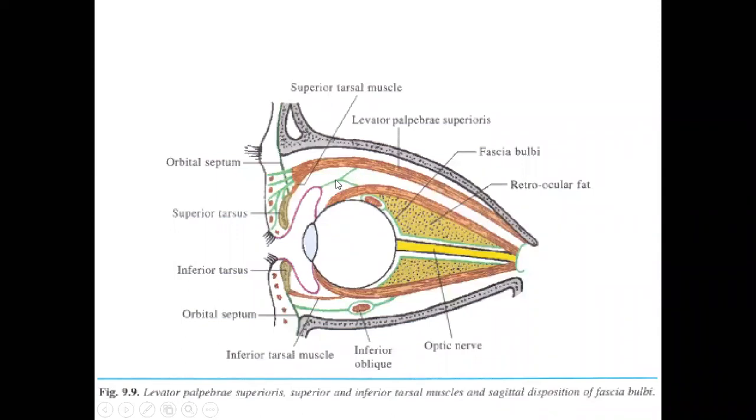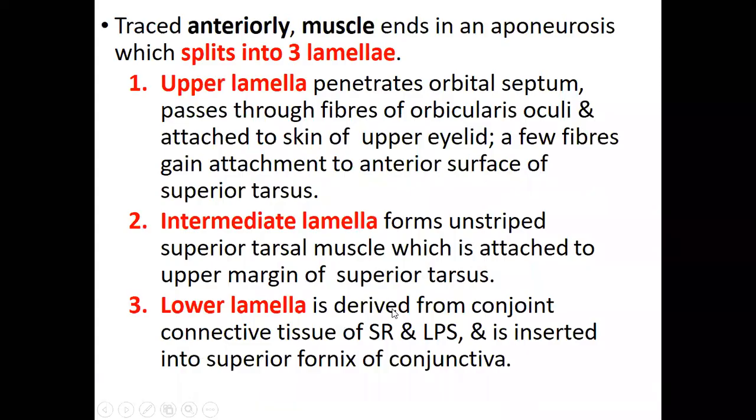And this part is the inferior lamella or lower lamella. It is derived from conjoined connective tissue of superior rectus and levator palpebrae superioris, and is inserted into the superior fornix of the conjunctiva.